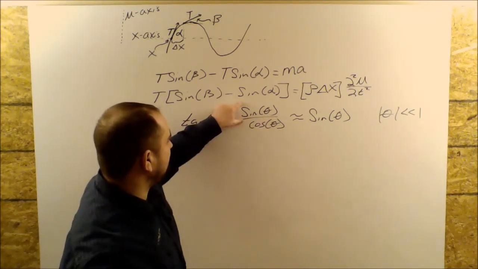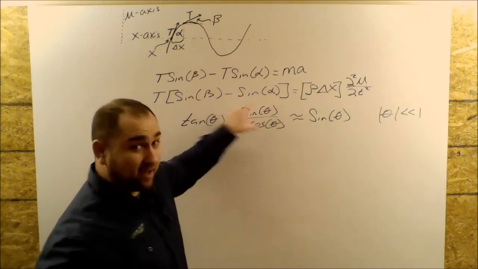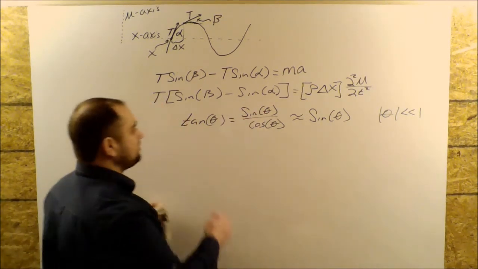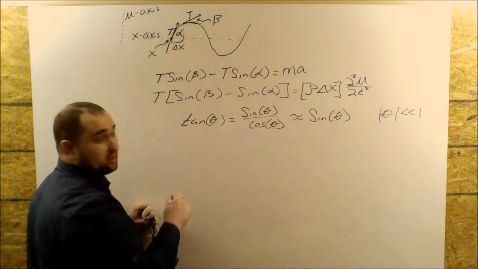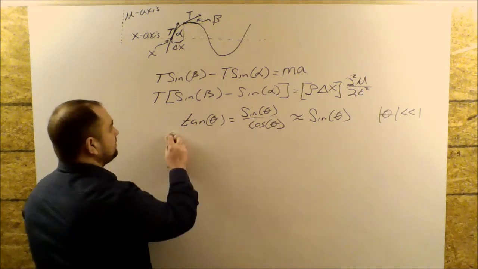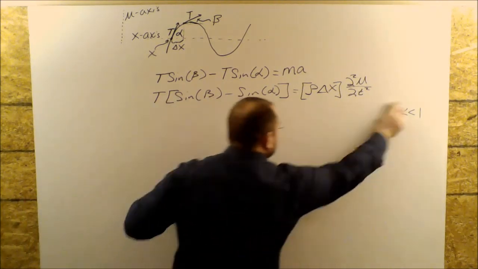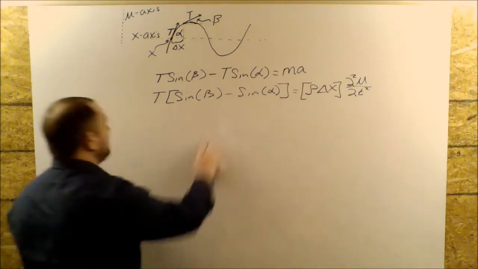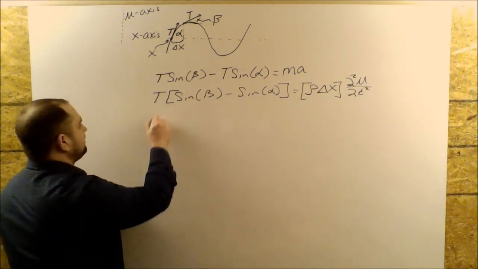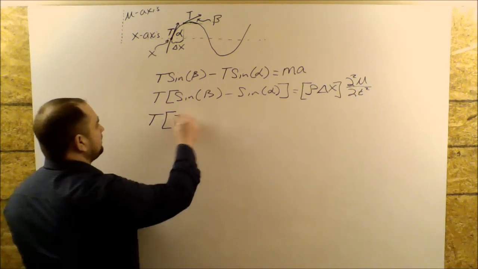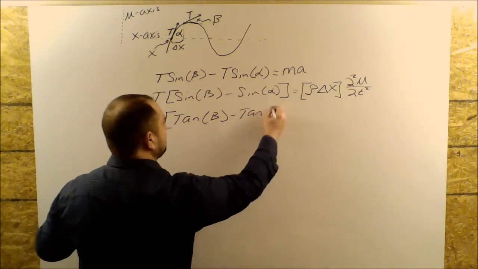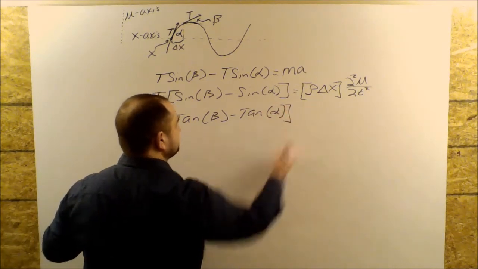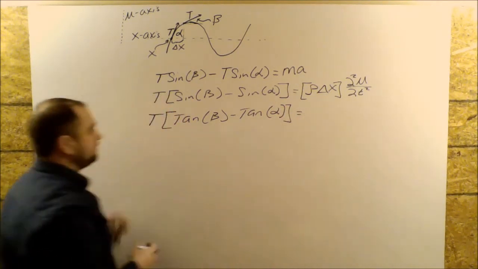And so we're just left with sine theta, really. So I can approximate sine theta here with just tangent of theta. Okay, so we're going to do that. I'm going to rewrite this as T times tangent of beta minus tangent of alpha, and that's equal to this.